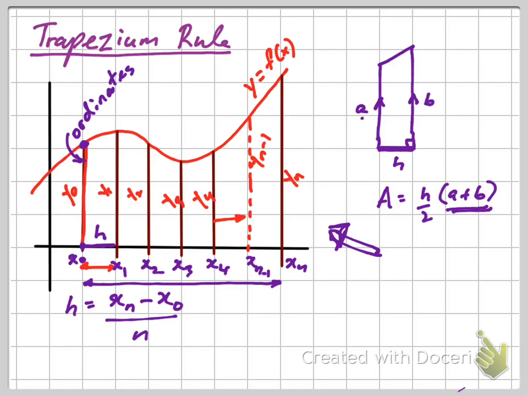Moving on from here, let's see if we can derive the equation for the trapezium rule. What we're doing is creating trapeziums of each strip, and we've got these as the parallel sides.